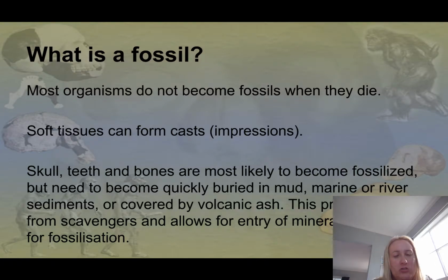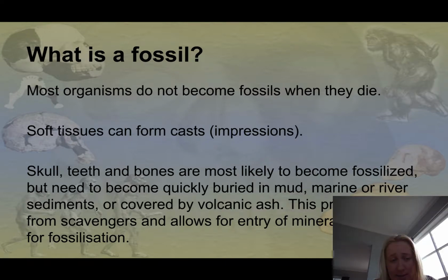So soft tissues, so things like the brain, muscles, tissue, anything that makes up the body besides bones, basically, so organs as well, can form casts, fossils, or impressions. The skull, teeth, and bones are most likely to become fossilized, but they need to become quickly buried in mud, marine or river sediments.